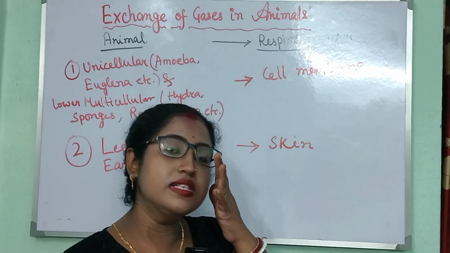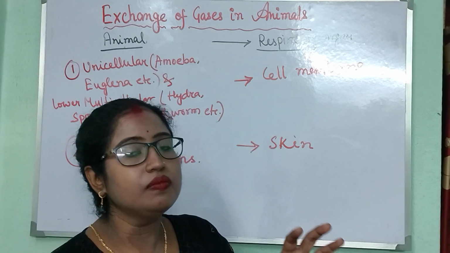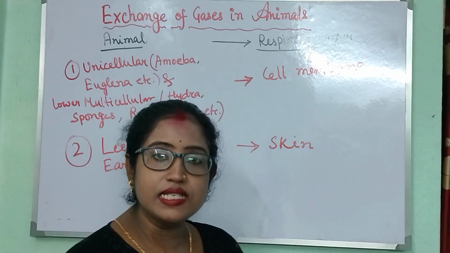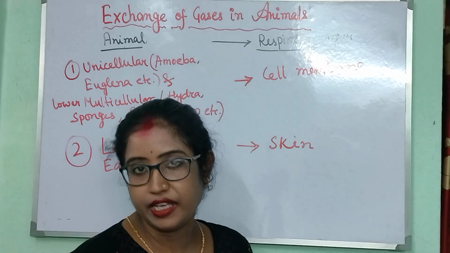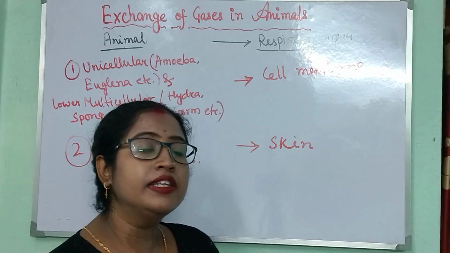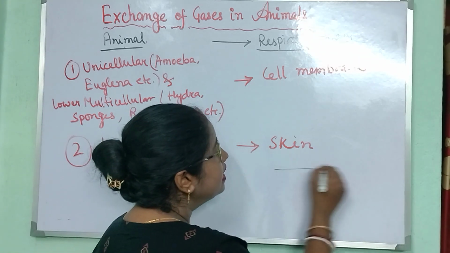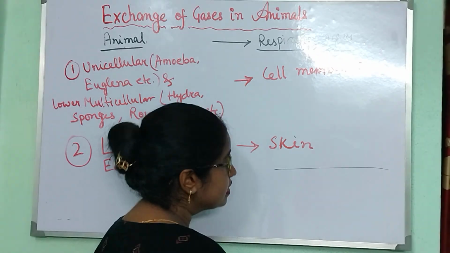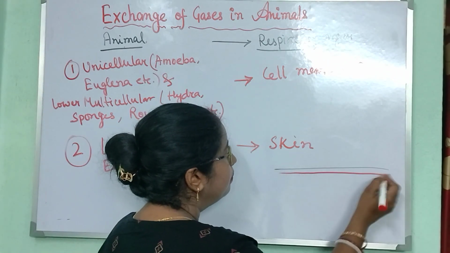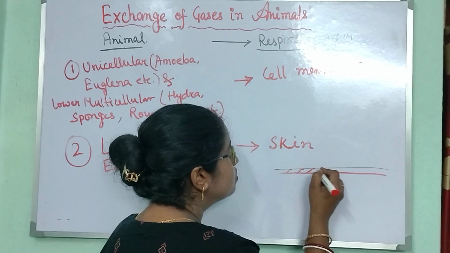Their skin surface takes up the oxygen that is present in the air, and beneath their skin surface there is a blood capillary layer also present.